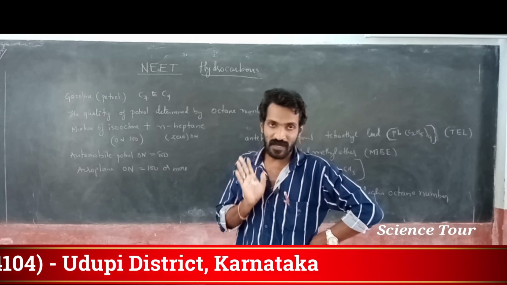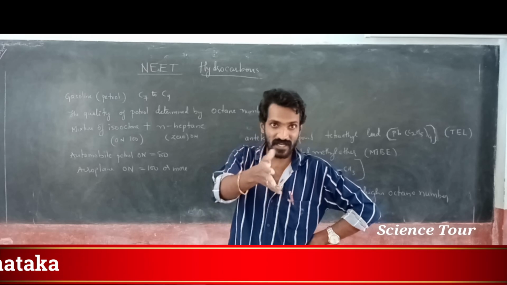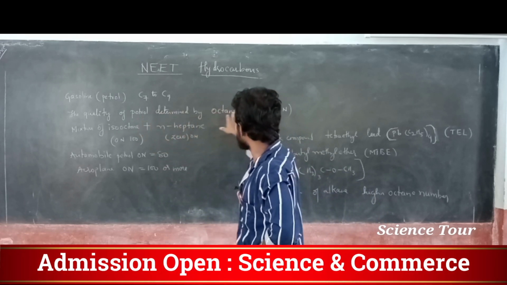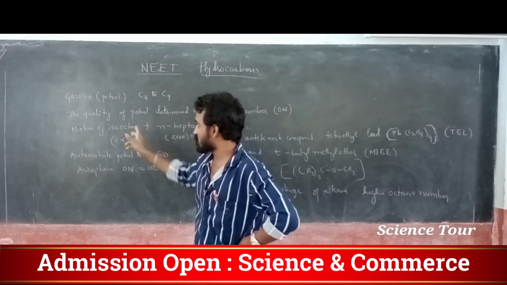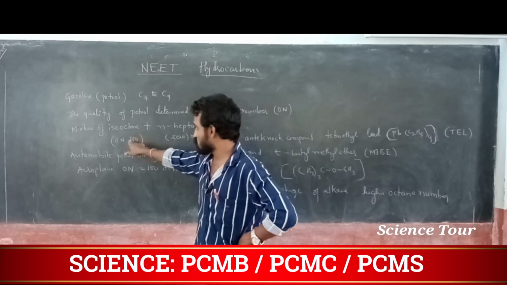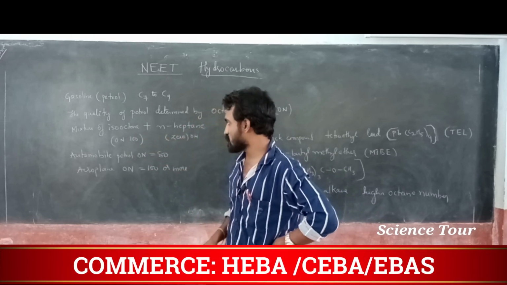Understood? My dear students, quality determination is not there in your textbook, but you have to learn this. The quality of petrol is determined by the octane number, using a mixture of isooctane and n-heptane. In that, the isooctane octane number is 100 and n-heptane is 0. Then it is good petrol.